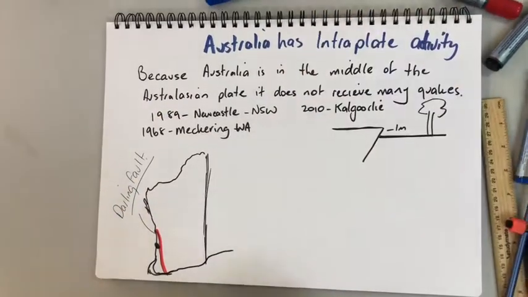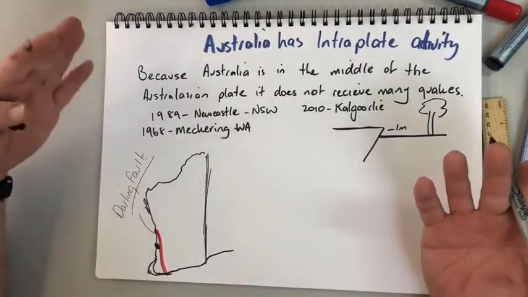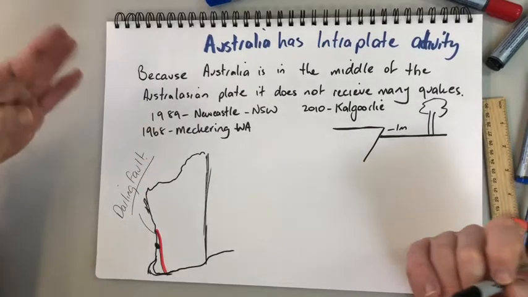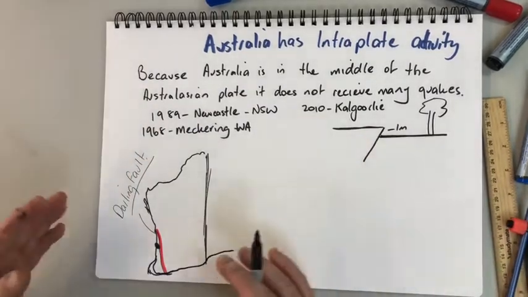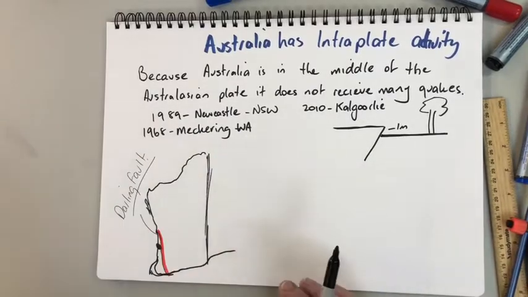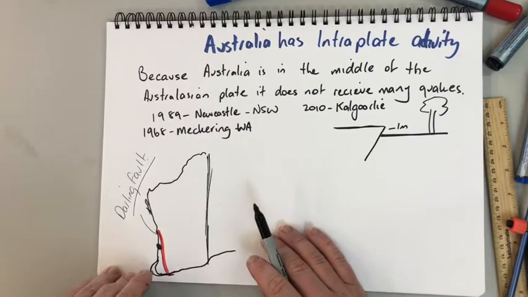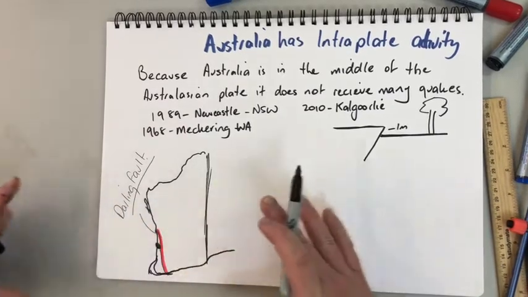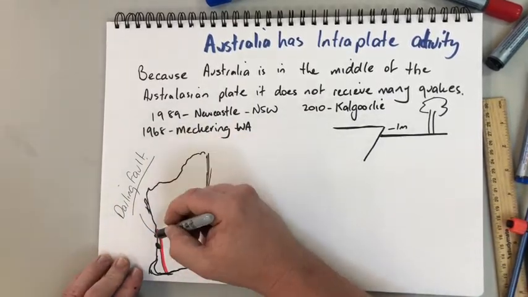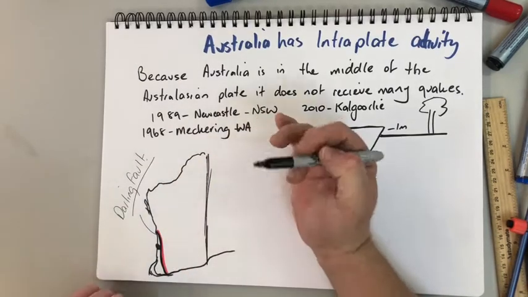Now, the Darling Fault is a remnant of when we used to be joined to Africa and Madagascar. When we used to be joined to Africa and Madagascar, obviously Africa would have butted up to here, and we would have made this nice massive continent. The continent would have been Gondwanaland, but then as we split apart, there was a fault line left, and I guess it was a break in the crust.